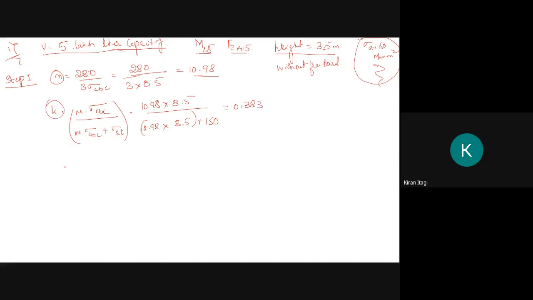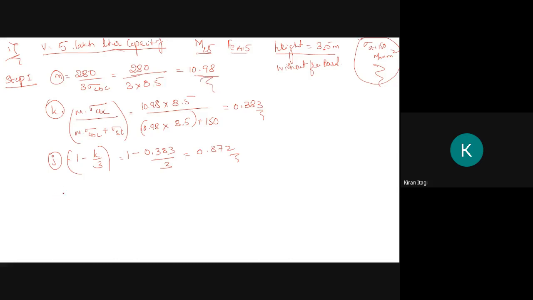Okay, next we have to determine the lever arm factor, that is j. j is given by 1 minus k upon 3, so 1 minus 0.383 upon 3. Therefore the value of j is 0.872.